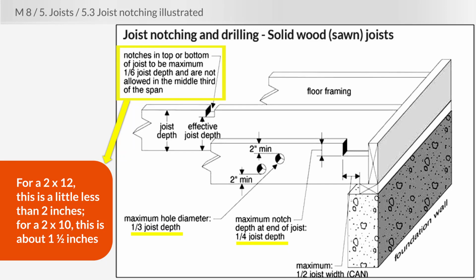So with an actual dimension, when we say a notch in a 2x12 can only be 1/6 of the joist depth, in real dimensions, that's a little less than 2 inches. So these notches are not very big. For a 2x10, which is really 1.5 inches by 9 1/4 inches, the actual size of that notch can be no bigger than 1.5 inches.